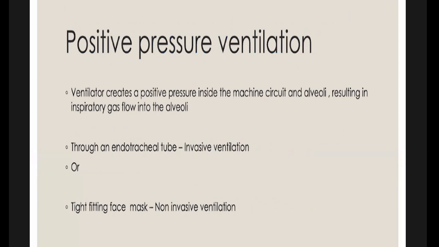Okay, so let's discuss positive pressure ventilation. This ventilator creates a positive pressure inside the machine circuit, which is delivered to the alveoli, resulting in an inspiratory gas flow into the alveoli. So there will be a forward flow towards the alveoli. To achieve this, you need a patent airway. So how do you get a patent airway?